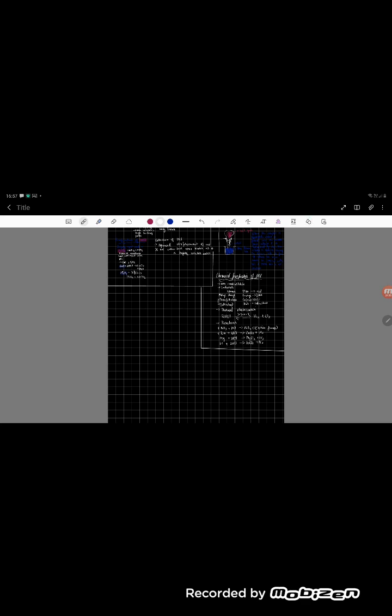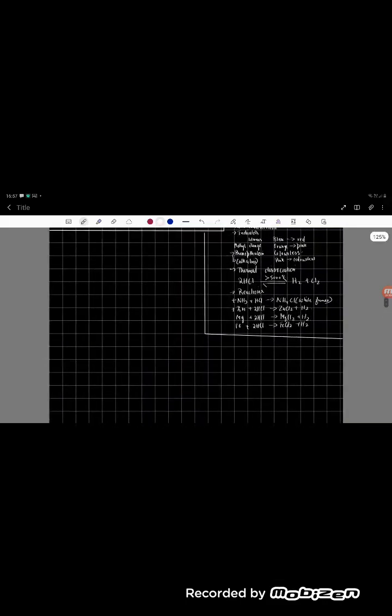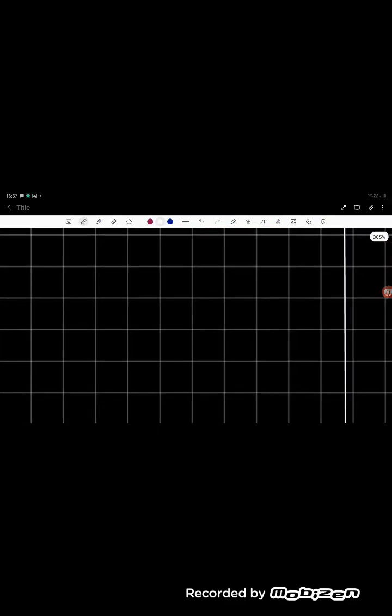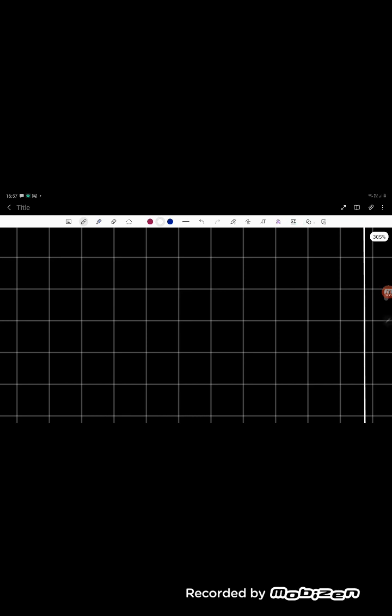Usually preparation is through a special funnel arrangement. Let me draw the diagram out for you. There are a few ways you can do this. Let me show it to you step by step.